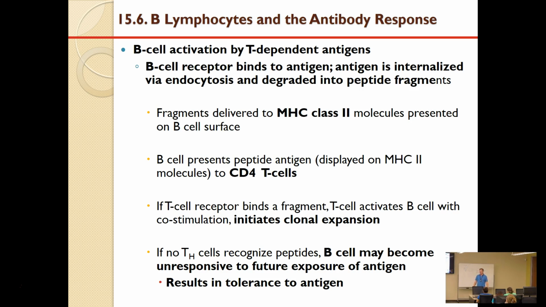The MHC class 2s are only found on the antigen-presenting cells. We talked about them briefly on Tuesday. Remember, we have MHC class 1s. Those are found on all nucleated cells. So any cell that has a nucleus in your body has an MHC class 1. It's kind of like your self-address. That's what we're looking for when we're recognizing self versus foreign.